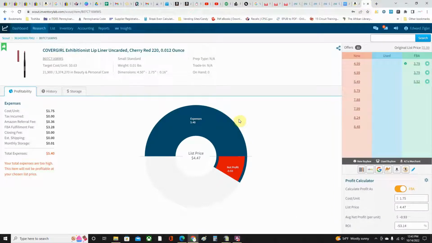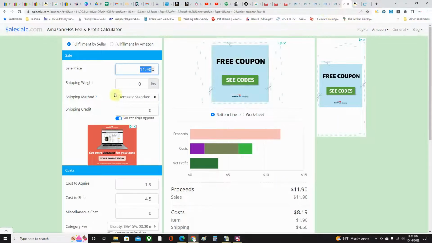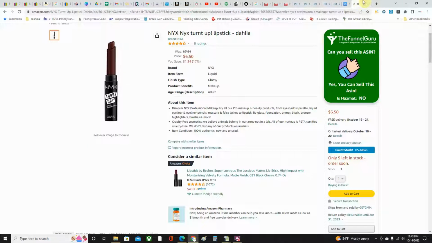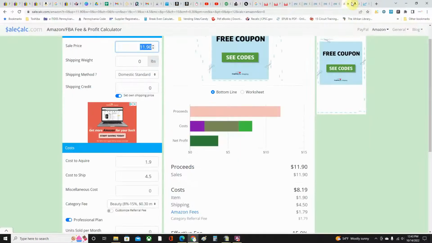You'll use Inventory Lab just to see from a FBA perspective what your profit per item would be, and then you can use Sell Calc for either FBA or FBM. I kind of just use this for FBM though. Okay, so that's kind of how I do my research when I'm researching items to send to Amazon.